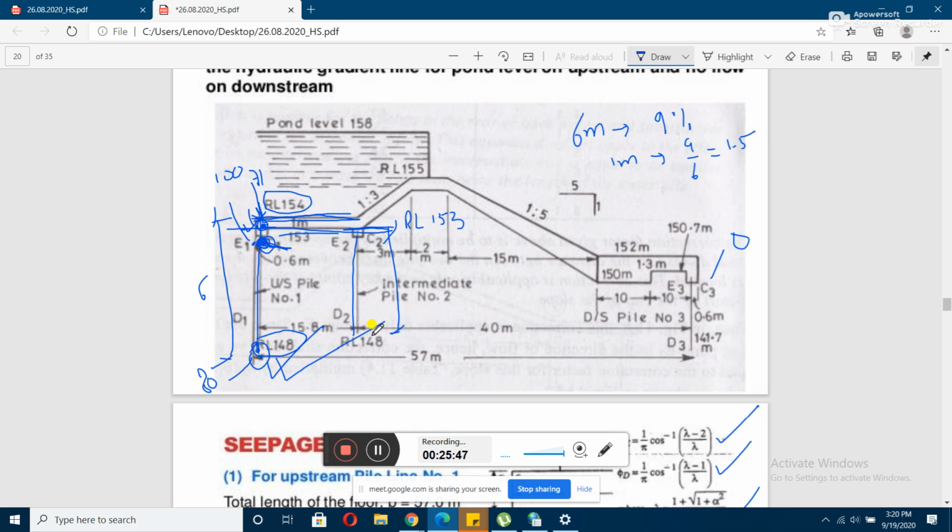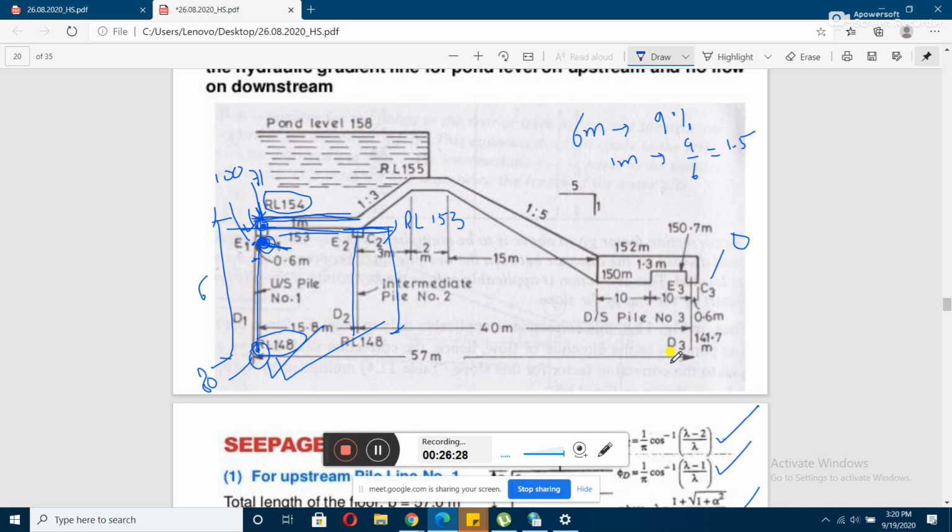B1 from this pile to this one is 15.8, but we have to add this 0.6, because this pile is located at a distance of 0.6 meter from your extreme end. As we have to calculate the value of B1 from the extreme end of your floor, we have to add this 0.6 value also. So 15.8 plus 0.6 will give us the value of B1.